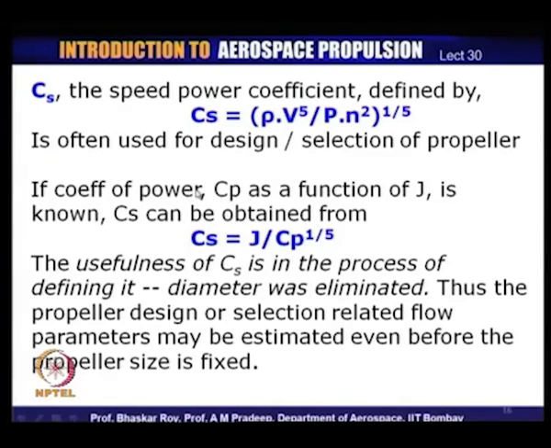Now, this speed power coefficient can be related to the power coefficient simply with the advance ratio J, and is related as C s equal to J by C p to the power 1 by 5. Now, why has this speed power coefficient been created? This is of course used only by the designers and the propeller selectors.